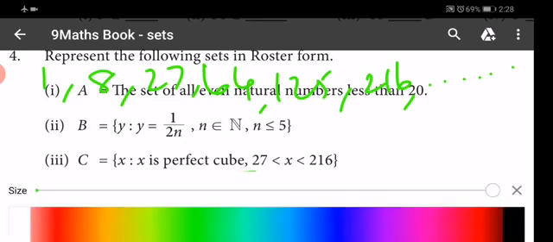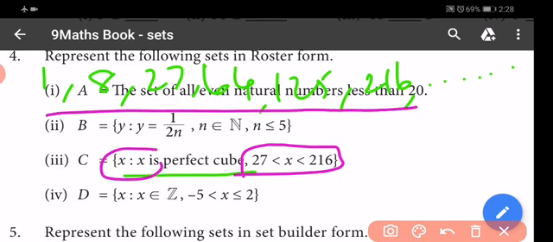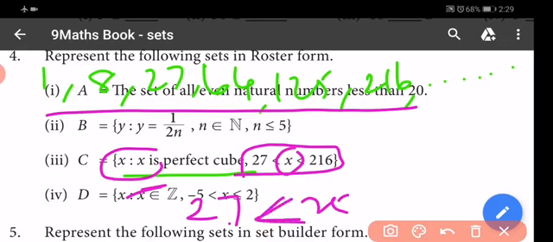But in the question there is one condition here. What is the condition? We say all the perfect cube numbers as x, but there is a condition for x. 27 less than x means if x is more than 27, this side is the bigger number.